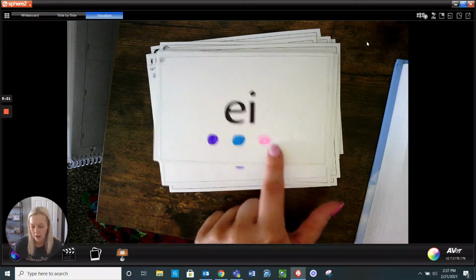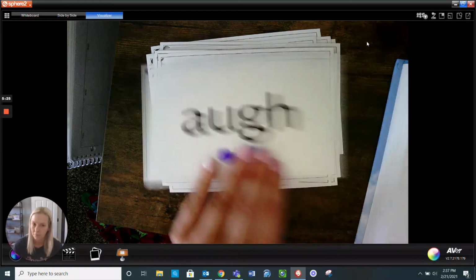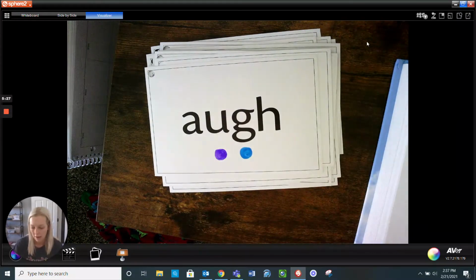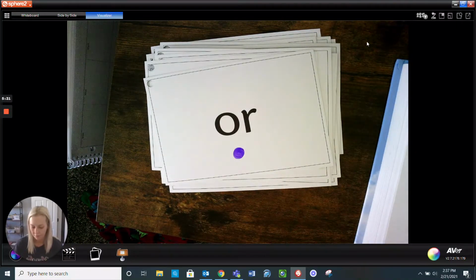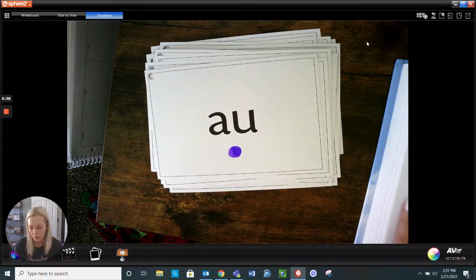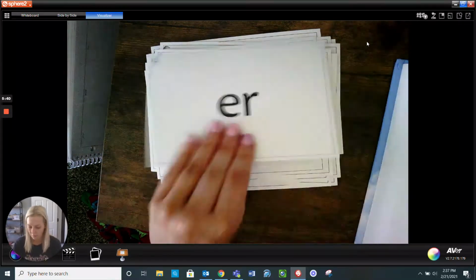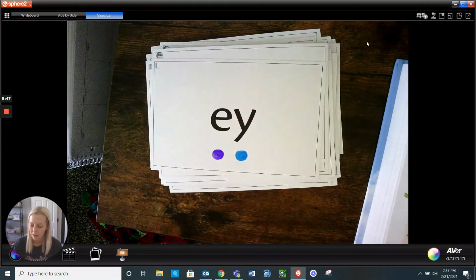A, e, I may not be used at the end of English words. A, af, or ng. A, two-letter A, may not be used at the end of English words. The of her. A, e, may be used at the end of English words.